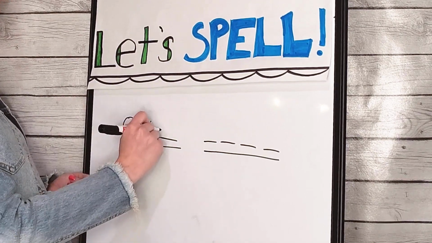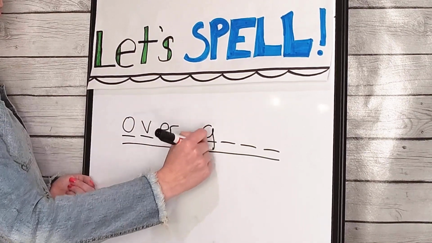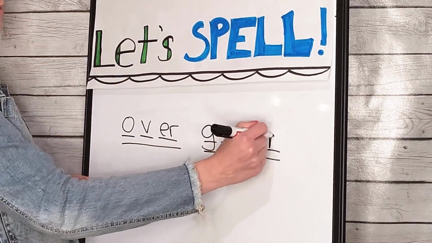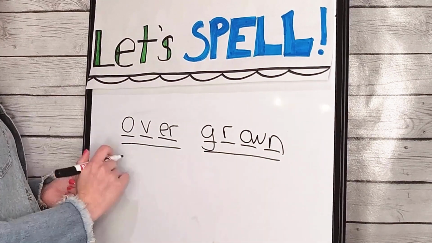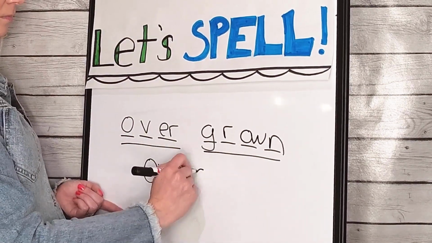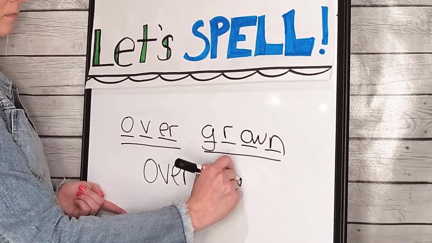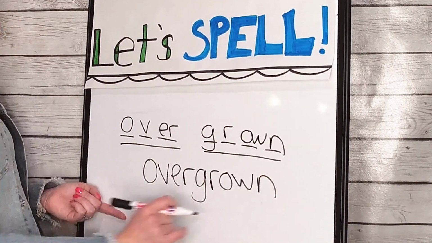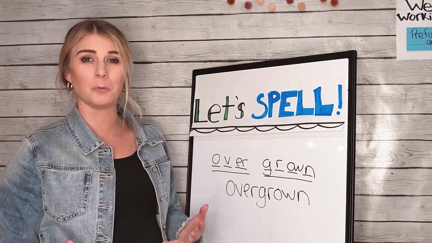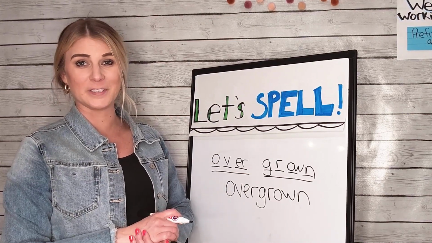O, v, er, g, r, o, n. Overgrown. Let's put our word parts together. Overgrown. My front flower bed was overgrown with weeds that needed to be pulled.